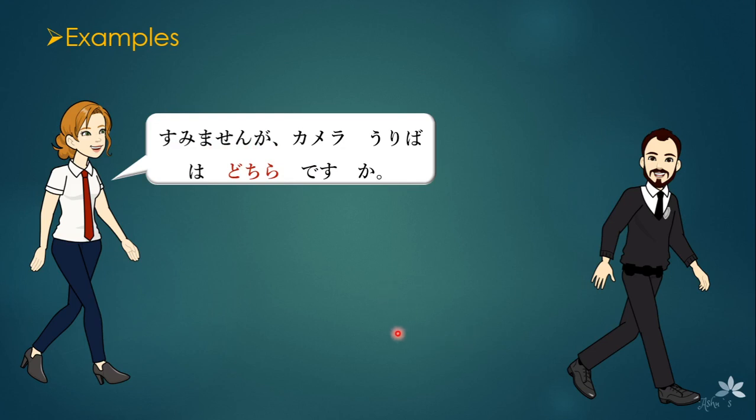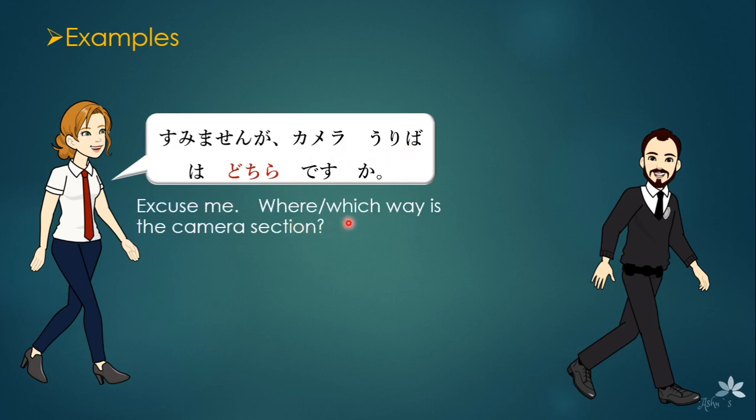When you want to talk to someone, just say sumimasen ga. They will turn to you and listen to you. She's asking, kamera uriba wa dochira desu ka? Which way, or just where, is the camera section?